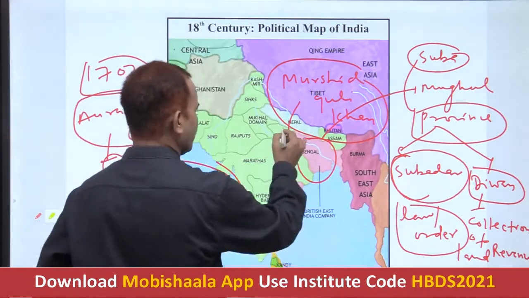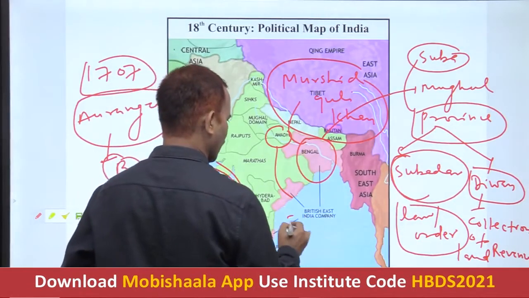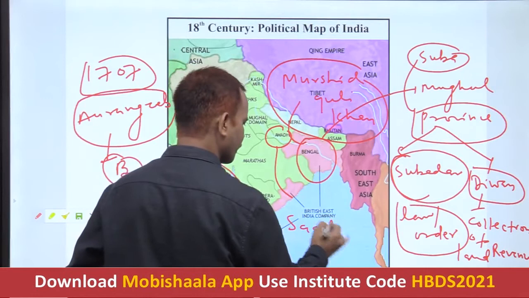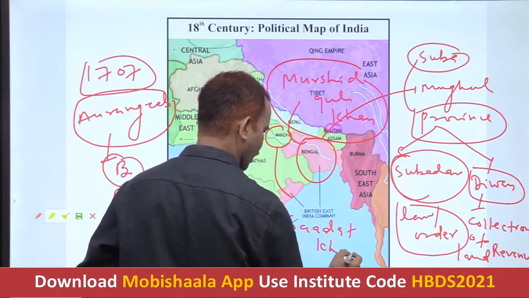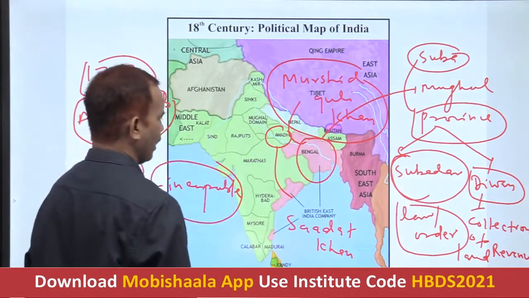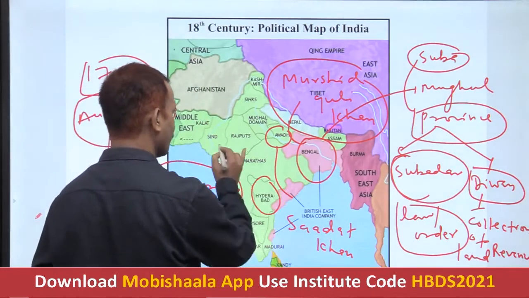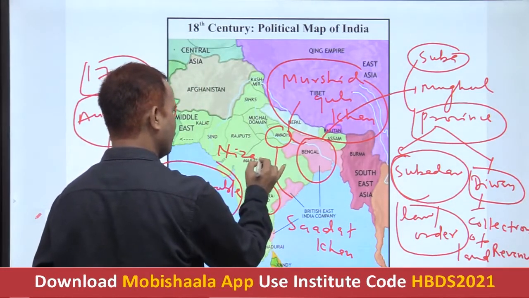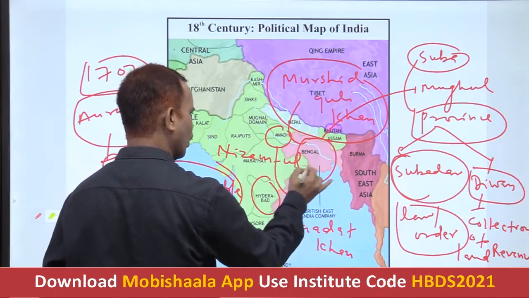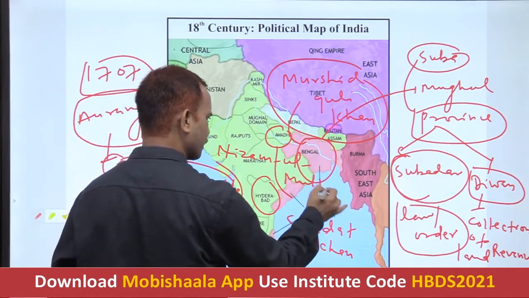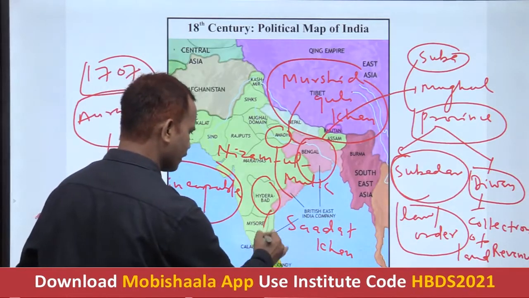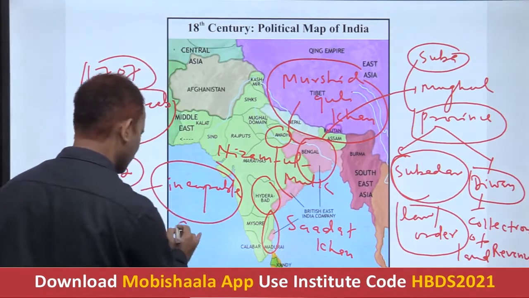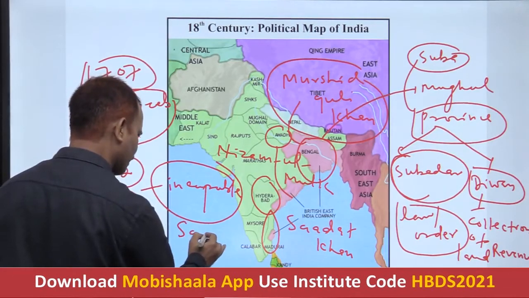In Awadh region, Saadat Khan, in Hyderabad, Nizam ul Mulk. In Karnataka region, Sadatullah Khan.